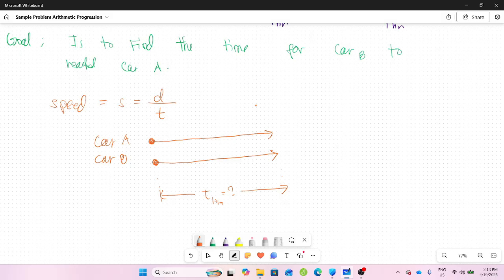With that said, you would notice that the distance traveled by the two cars must be the same.